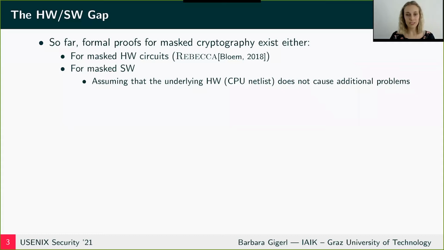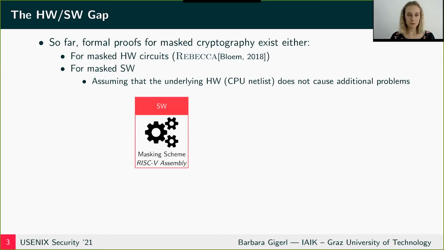First of all, they have either focused purely on hardware circuits, an example would be the Rebecca tool, or purely on software. And those techniques dealing with software completely excluded the hardware, which is in the end used to execute the software. So the CPU netlist or the CPU itself was not considered, and it was assumed that it cannot cause problems. But this assumption is not true in practice.